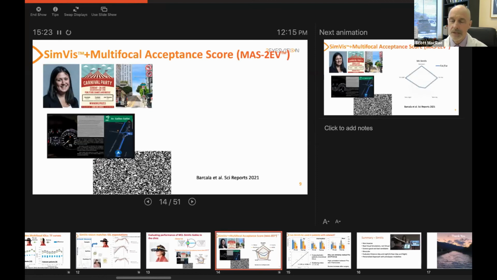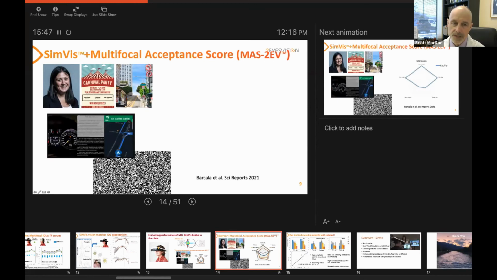I like the way that they've set this up in terms of the upper left corner set of images are basically the photopic images that one sees on the screen about a few meters away in the exam lane. And the nice thing about this is that it uses all different spatial frequencies.